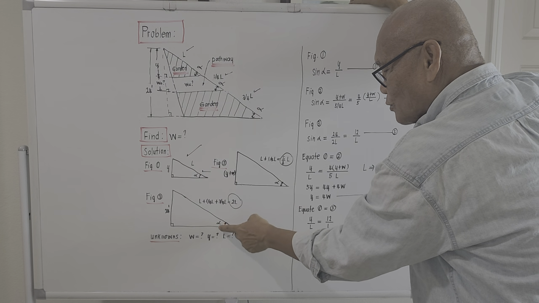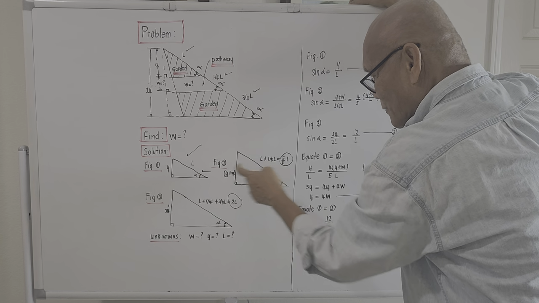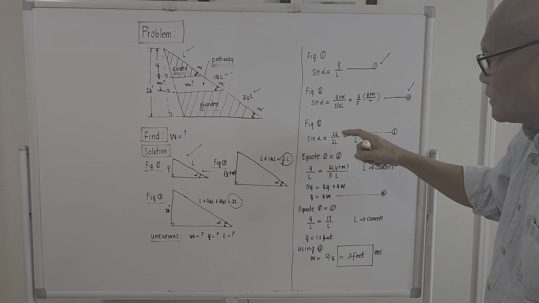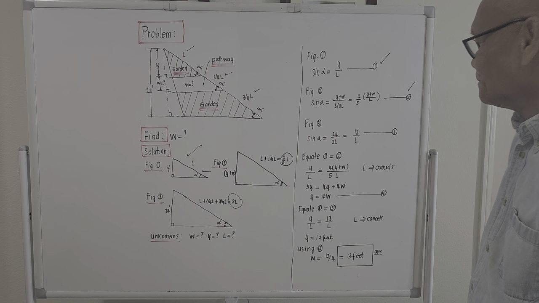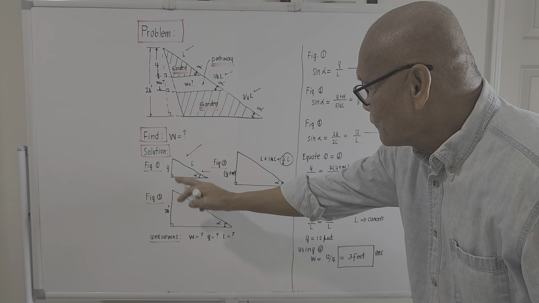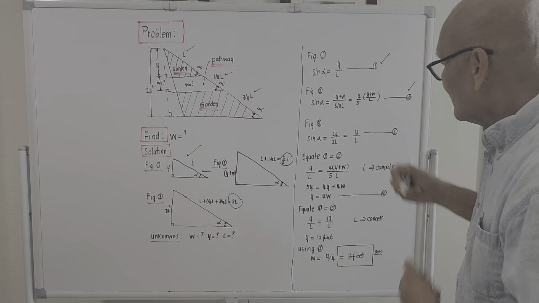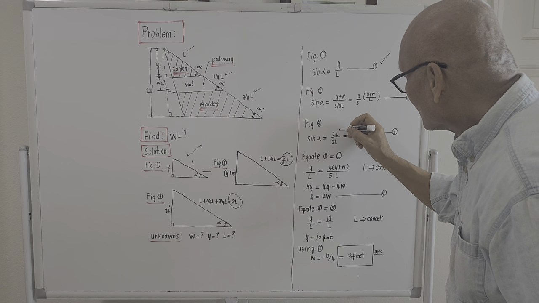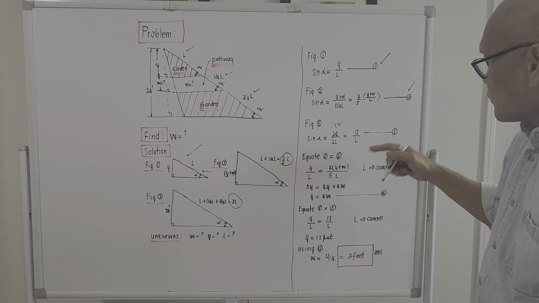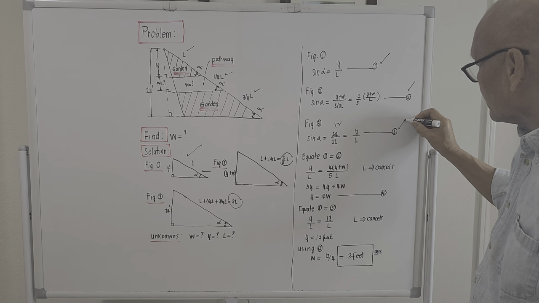So if we take the sine of alpha, and this alpha is the same as this one, then for figure number 3, sine of alpha will be 24 over 2L. The 2s cancel, so the third equation will be sine of alpha equals 12 over L. That will be equation number 3.